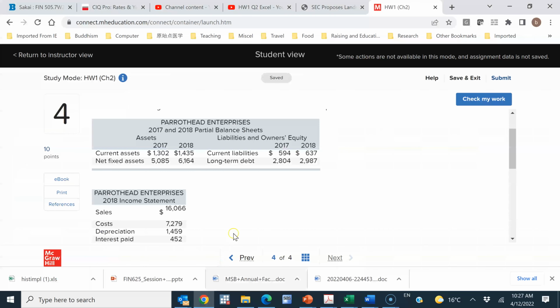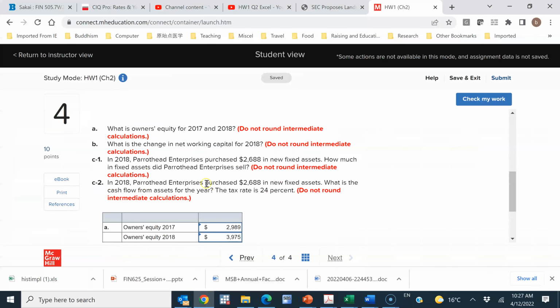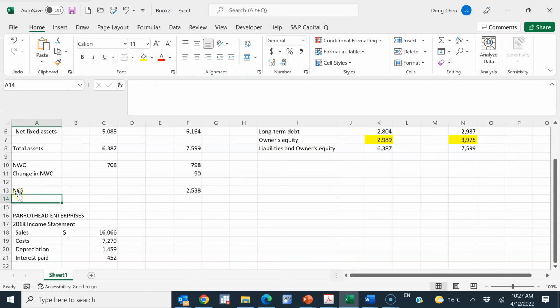The question also tells us that the firm purchased this much in new fixed assets, and asks what the firm sold in that year. We know that the amount the firm purchased minus the amount the firm sold should be exactly equal to this net capital spending.